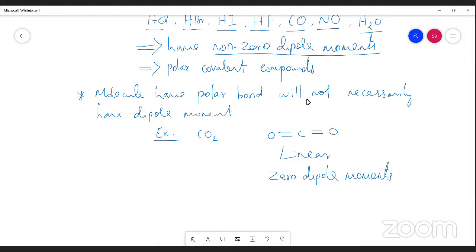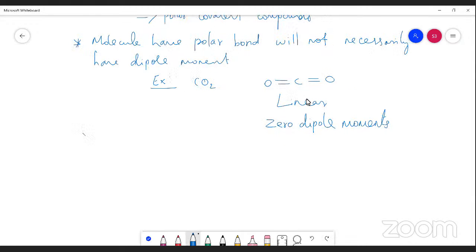Carbon dioxide has two polar covalent bonds. The dipole moments of the two polar covalent bonds are of equal magnitude but opposite charge.